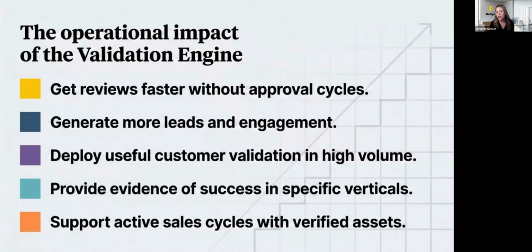And then support activities for sales cycles with verified assets. How many times have you had a salesperson come in and say, oh, I need this right away. Help, help, help. I need quotes from this type of customer, or I need this, or whatever the case may be. And it feels like you have to drop everything because sales has this big deal pending. You can use PeerSpot.ai to actually extract that right away for you, right?